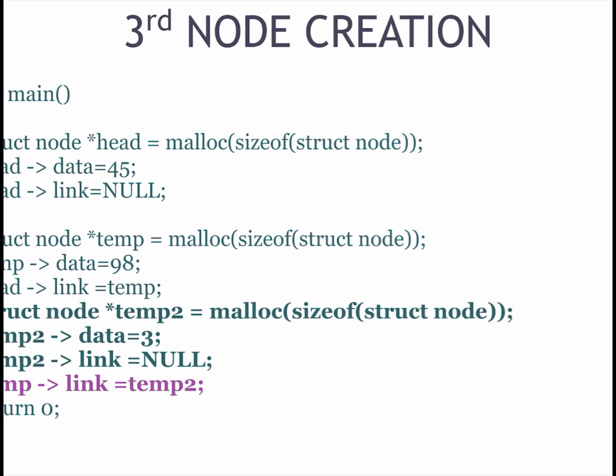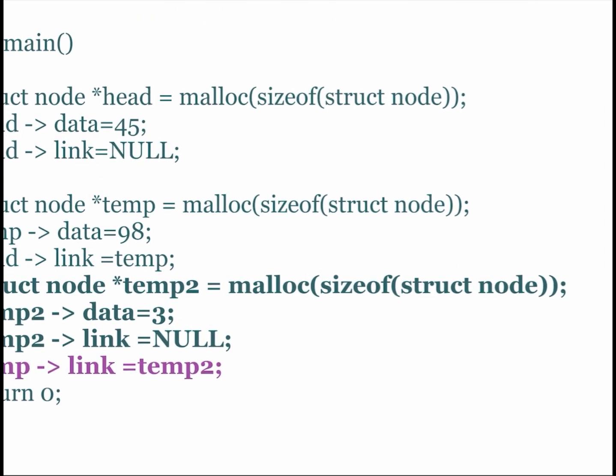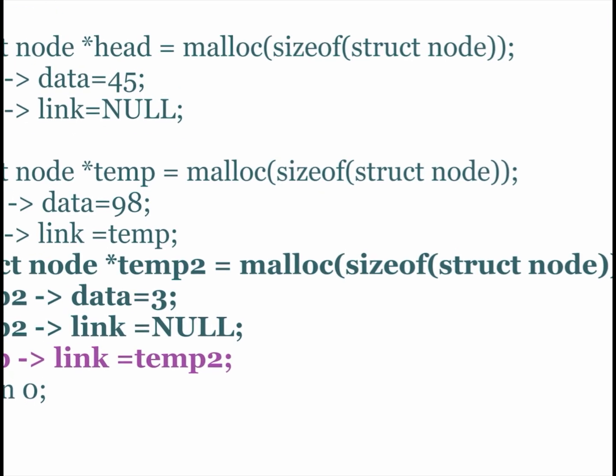And we also need to create the third one, and we are using the temp2 pointer here. struct node *temp2 = malloc, we are allocating memory for the same, and assign the data value, and assign the link the null value. And we are changing the second node's link to temp2, the third node's address.